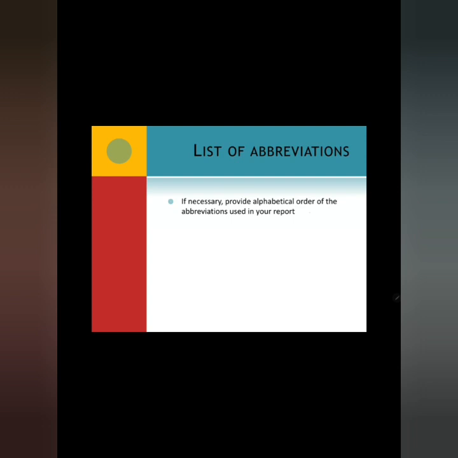The next part is list of abbreviation. For abbreviation, you may have acronyms, or short forms of things. So make sure that you sort it according to alphabetical order and then make a list for this. I'll show you an example. For example, you have this. This is the heading.